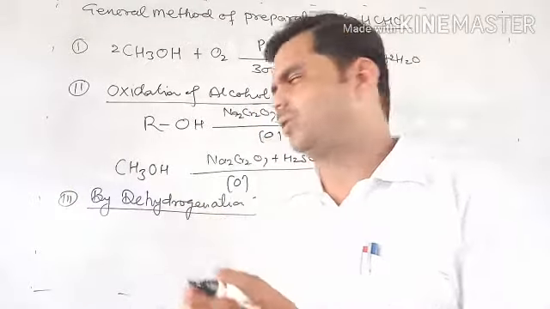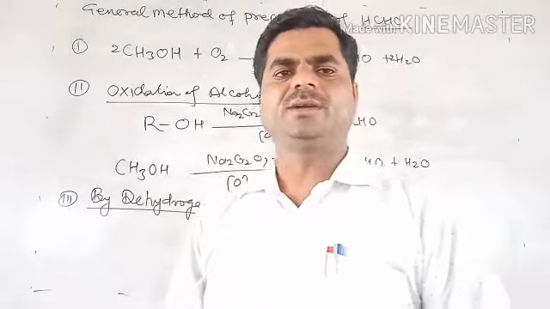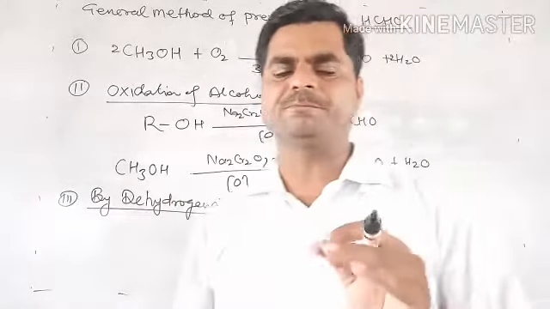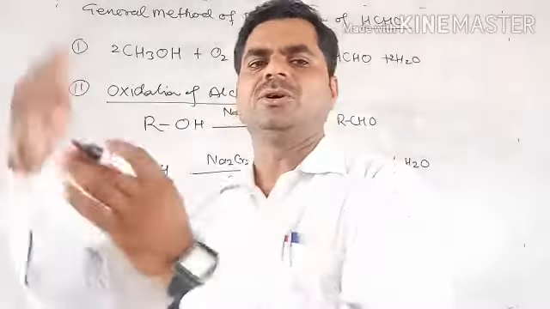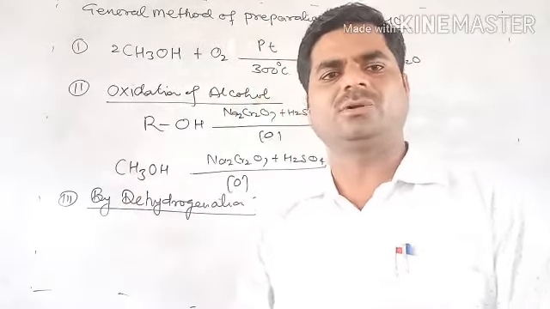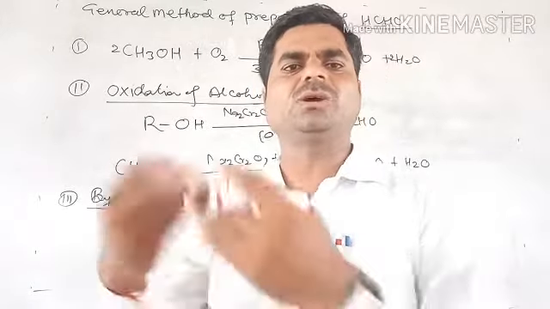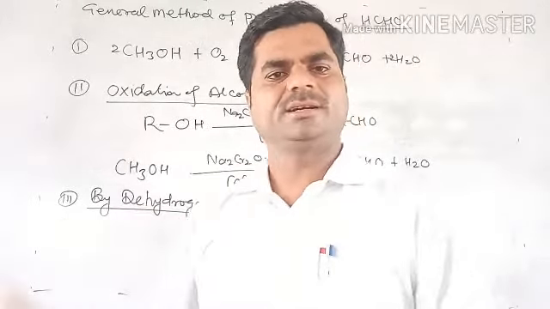This process is called dehydrogenation because at 300 degrees Celsius in the presence of a copper catalyst, methyl alcohol converts into formaldehyde with the removal of hydrogen atoms. So due to the removal of hydrogen, it is called dehydrogenation.